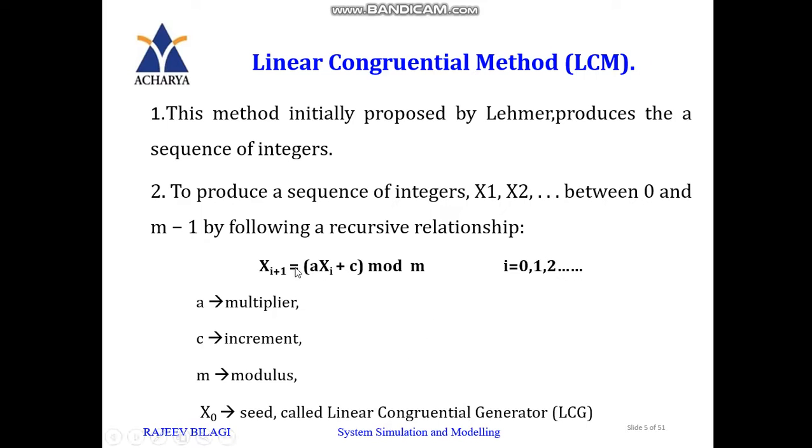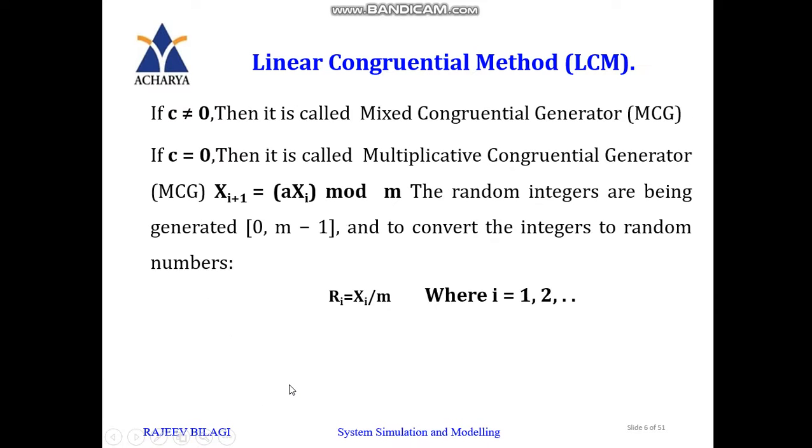This method uses a recursive relationship: x of i plus 1 equals a x i plus c mod m, where i equals 0, 1, 2, and so on, and the values lie between 0 and m minus 1. Here a is called the multiplier, c is the increment, m is the modulus, and x naught is the seed value. This is also called the linear congruential generator.